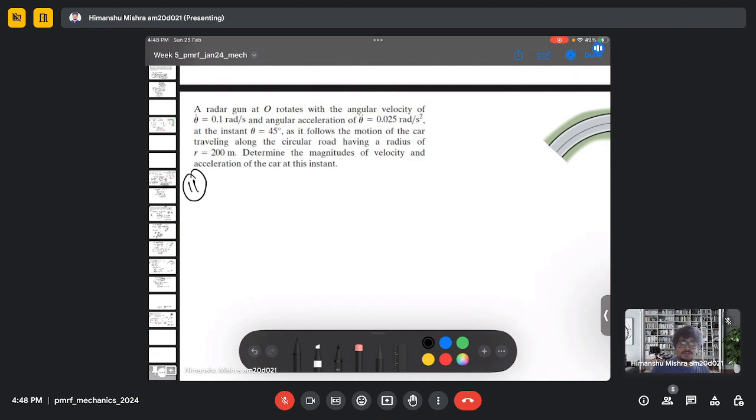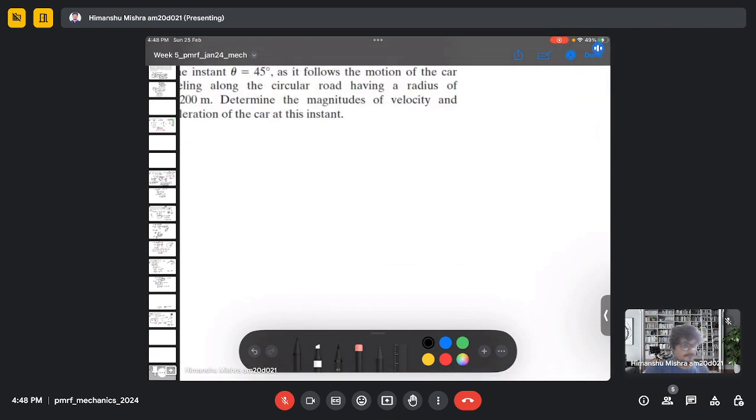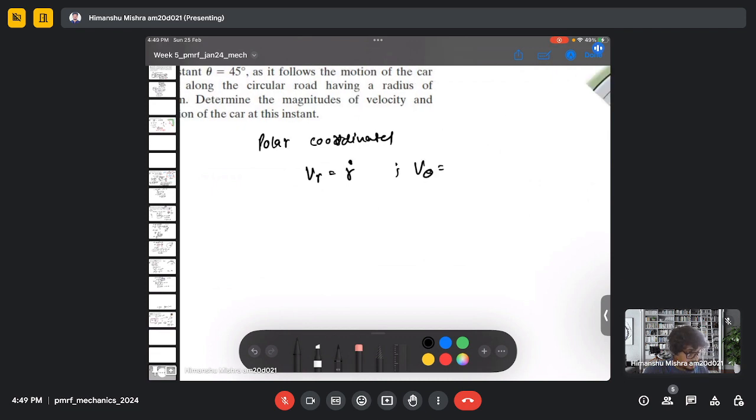Before solving this question, again, just to recap the formulae we have for the polar coordinates. Here the radial component of velocity is given by the rate of change of r, and v theta is r theta dot.